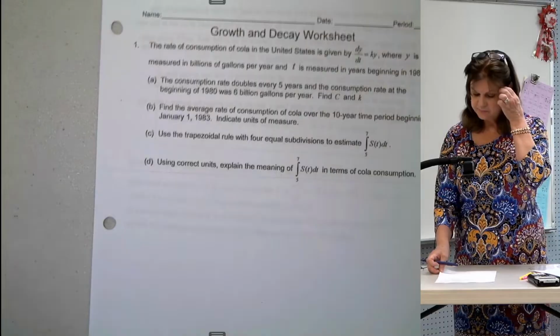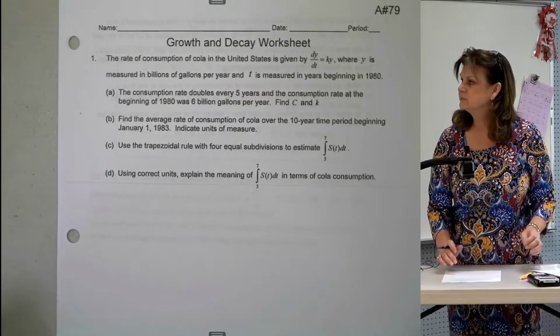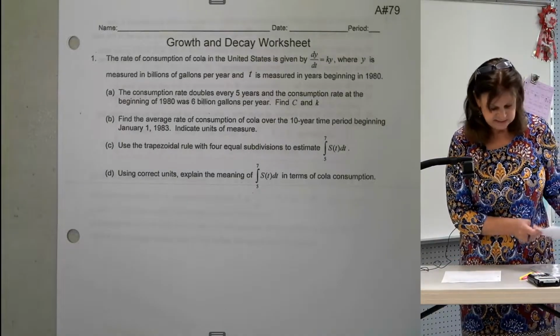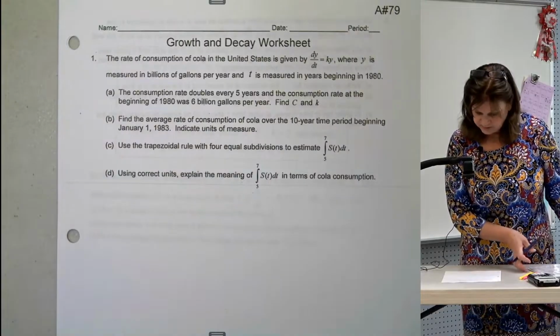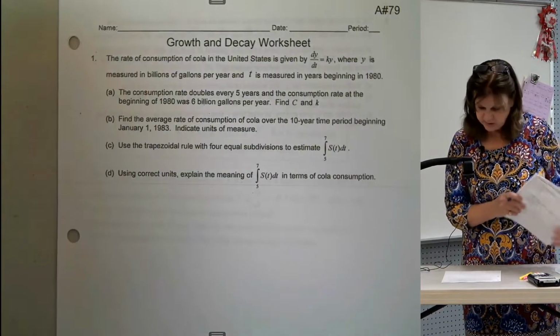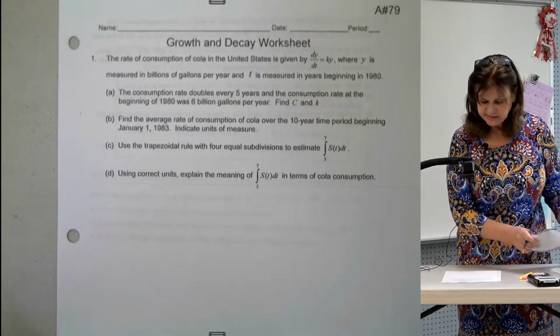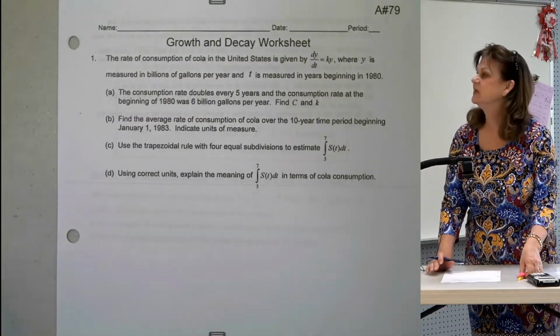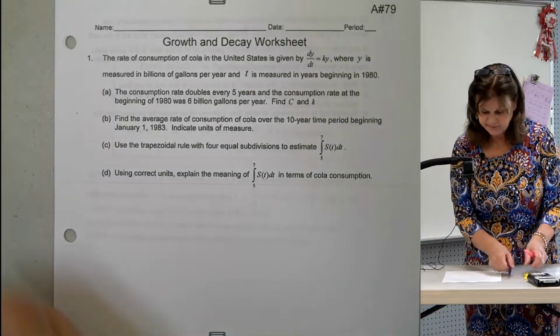Okay, A79. The rate of consumption of cola in the United States is given by dy dt is ky, where y is measured in billions of gallons, and t is measured in years beginning in 1980. That's kind of important. Just keep that in mind. Highlight it if you need to.